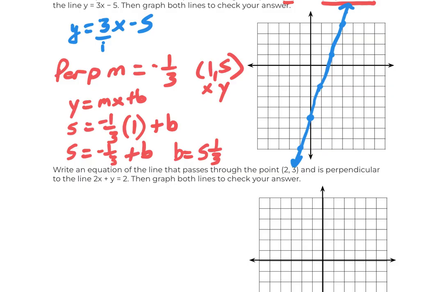So I would just leave it as 5 1/3. If you want to change it to an improper fraction, you can, but that would be the best way to leave it here. So my equation is going to be y equals negative 1/3 x plus 5 1/3.